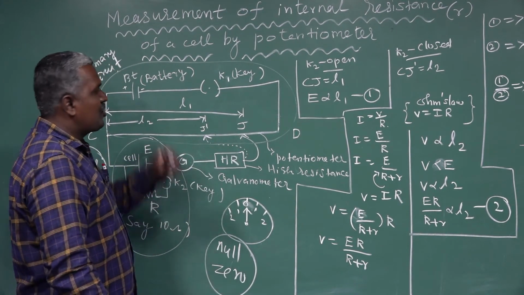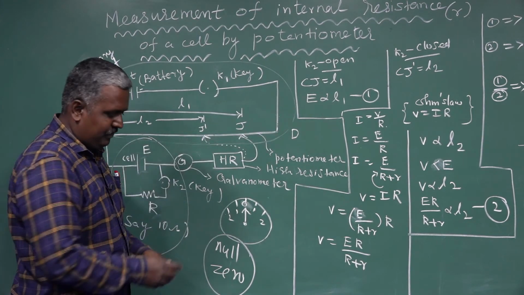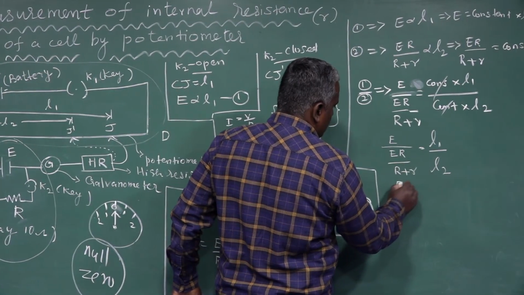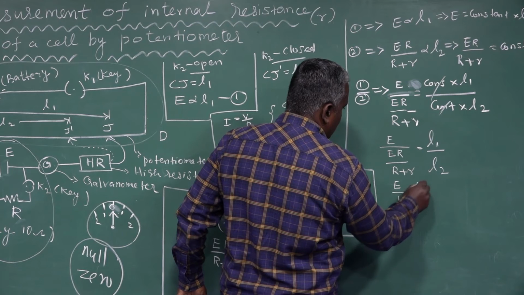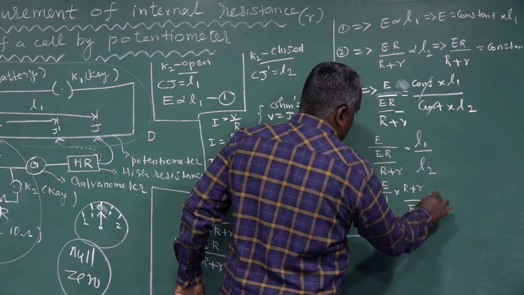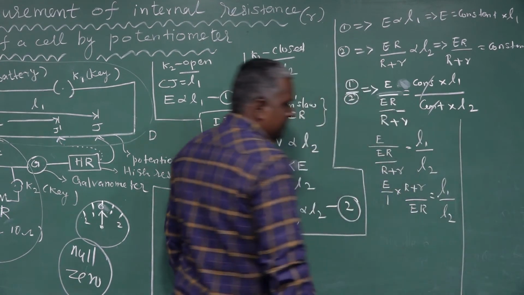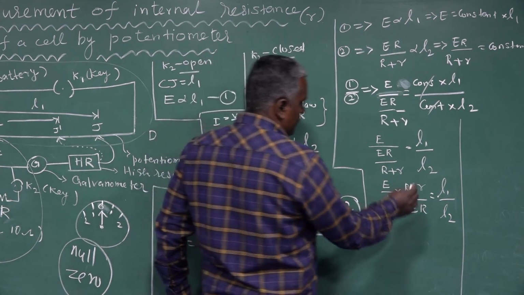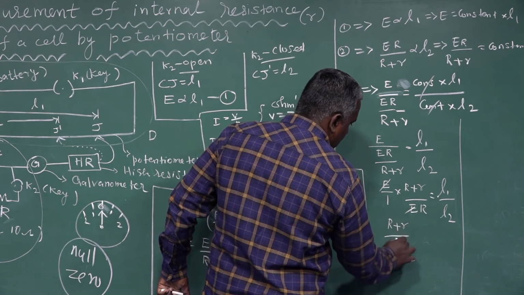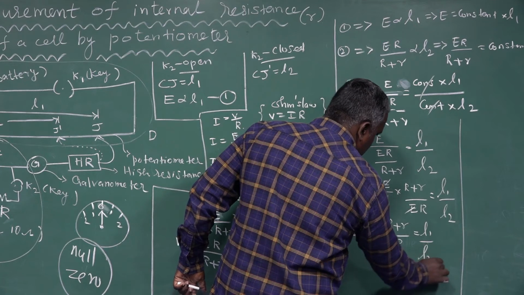CJ dash is L2. So E into R plus r by ER is equal to L1 by L2. Clear? So E cancels. What's the remaining? R plus r by R is equal to L1 by L2.